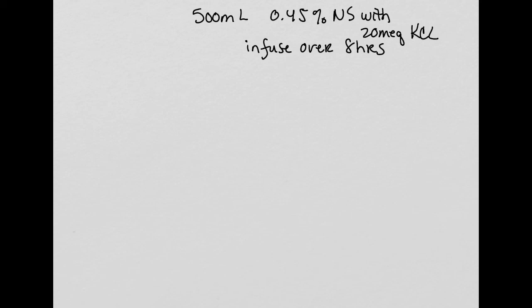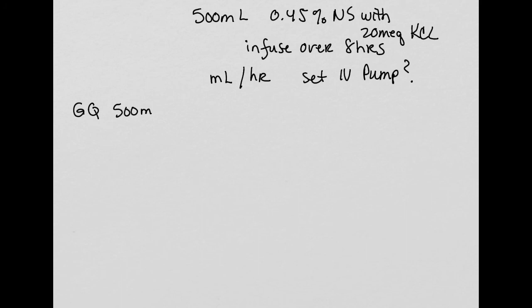So how many mLs per hour do we set the IV pump? All right, so what's our given quantity? That is 500 mLs over 8 hours. That's what we have to work with. And the wanted quantity, what do we need to have? It's asking for mLs per hour.